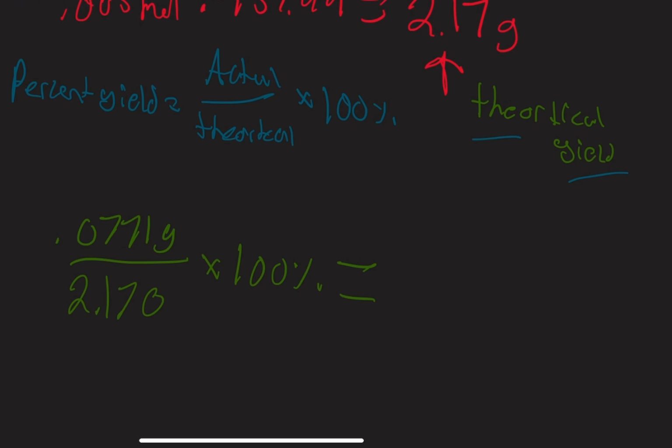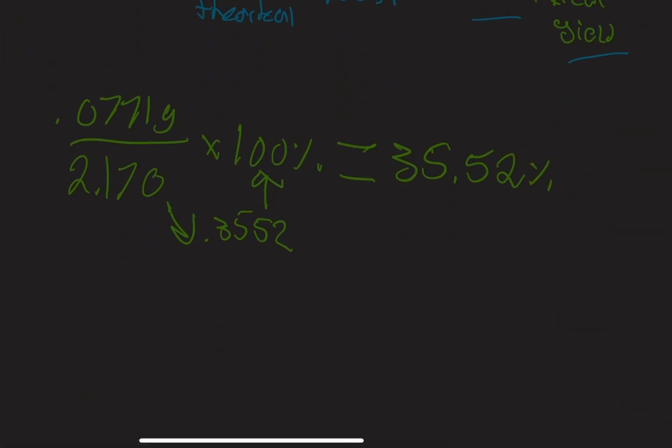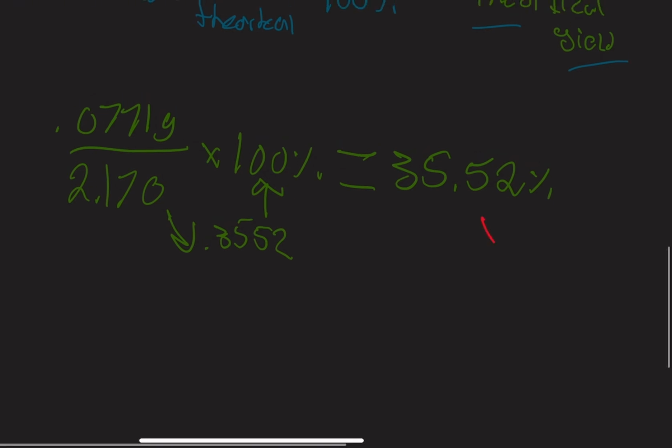First, when we do the division, we're going to get 0.3552. But when we multiply that by 100%, it turns to 35.52%. And that's going to be our percent yield. I actually just did this whole problem in the wrong color, but that's okay.